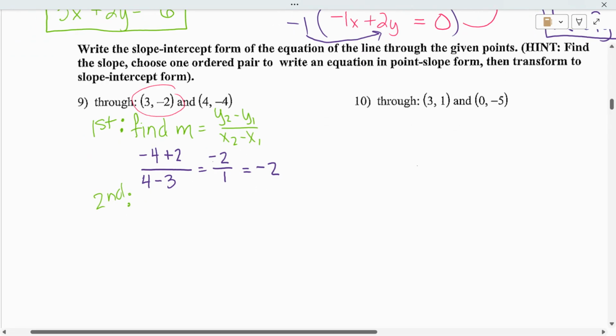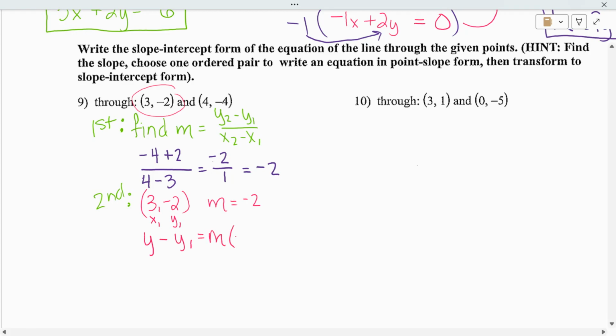Okay, so I'm going to use the ordered pair 3, negative 2. Remember, that's my x sub 1, y sub 1. And I'm going to use the slope of negative 2, and I'm plugging it into point slope form. So I'm going to write it out just so you can see what point slope form is.